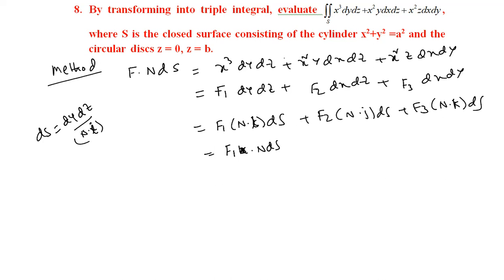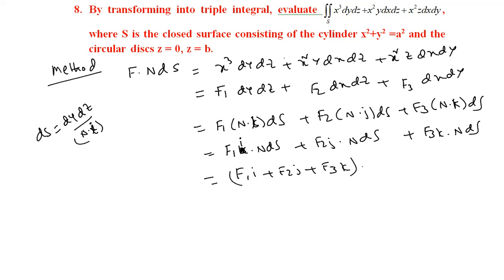Now this is f1i dot n ds, this is f2j dot n ds, this is f3k dot n ds. So dot n ds is the common term: f1i plus f2j plus f3k dot n ds. This is nothing but f dot n ds, which we initially assumed.